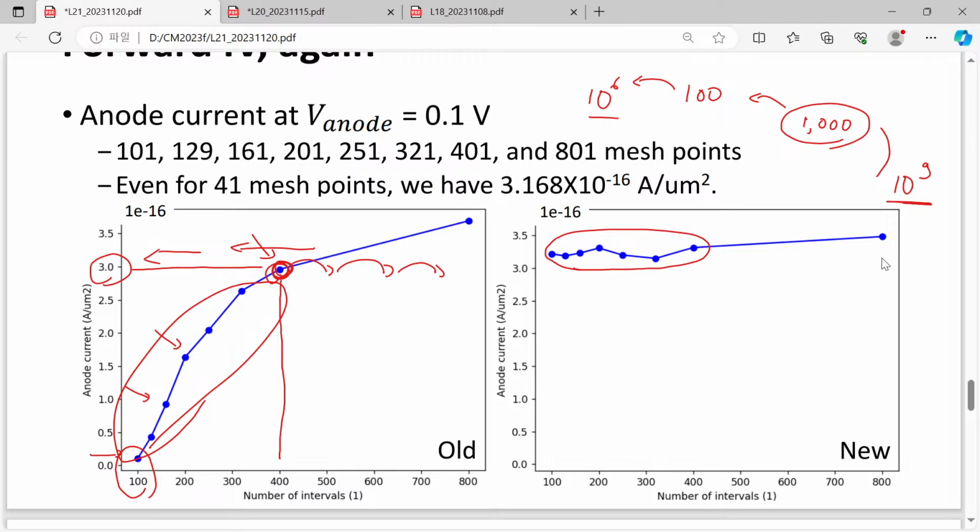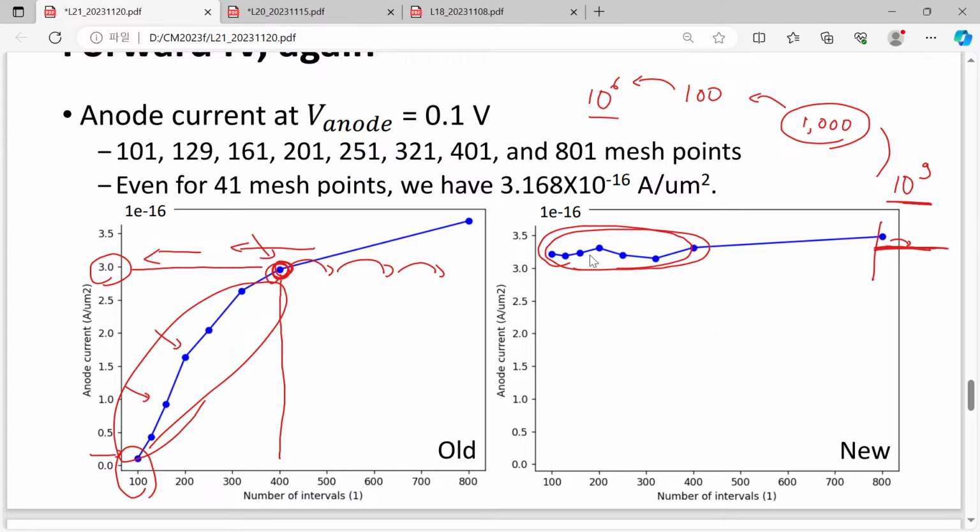If you go beyond a certain position, I'm not saying that this 800 is perfectly matched, but you can say that if we go beyond a certain criterion, then we will have almost indistinguishable values for different mesh points. And here you can see that there are little differences.